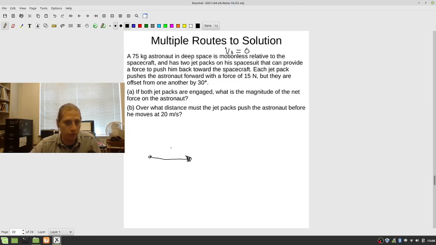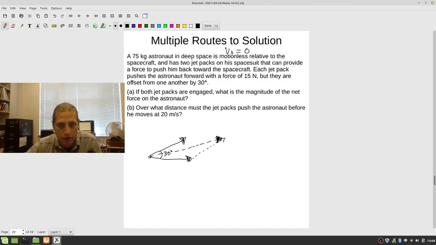You've got a force and another force. The forces have the same magnitude. They're both 15 newtons, and they're offset by 30 degrees. Now, the total net force that astronaut will experience is going to be the vector sum of those two.